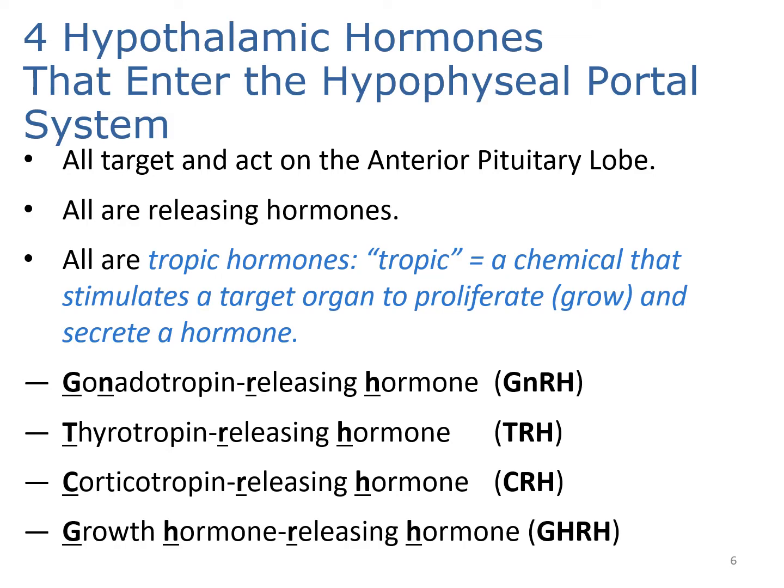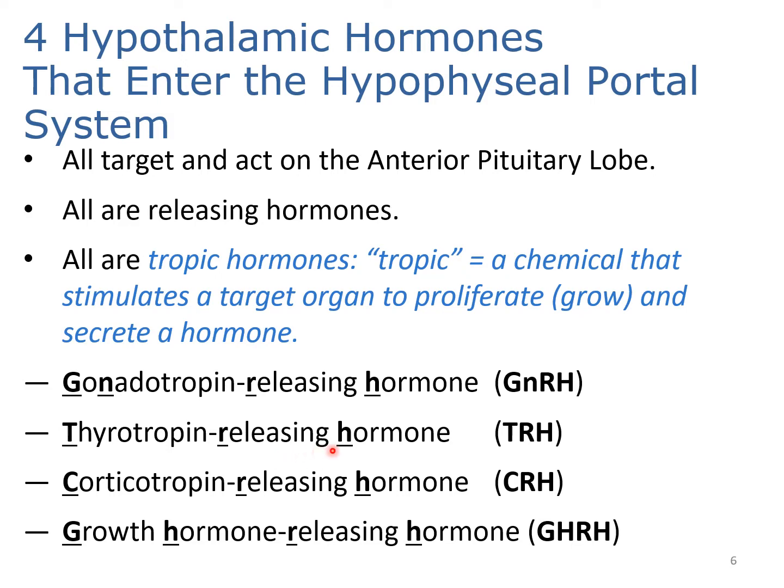And as I mentioned in class, when it comes to hormones, we often have little abbreviations for them rather than writing out the entire word or words for the hormone. Now, the names of these tropic hormones are very descriptive. Gonadotropin releasing hormone stimulates the release of gonadotropins.